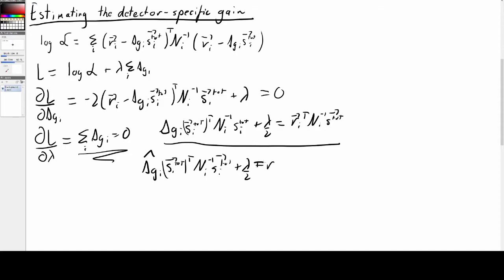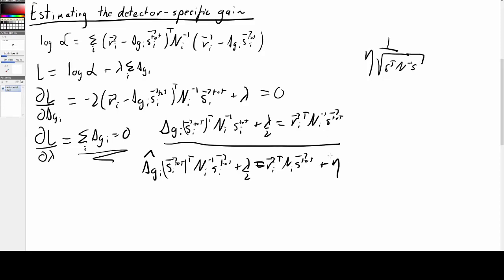So this is what we're having, and then we have to add an eta, and then we have to add the fluctuation term, which we remember before we had as eta times 1 over s transpose N inverse s.